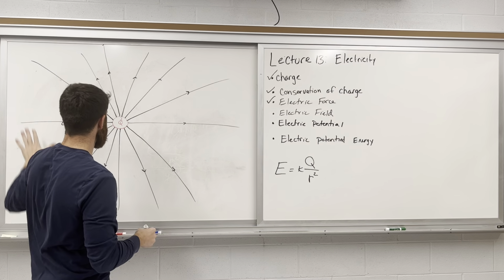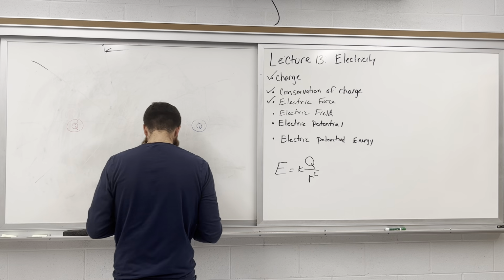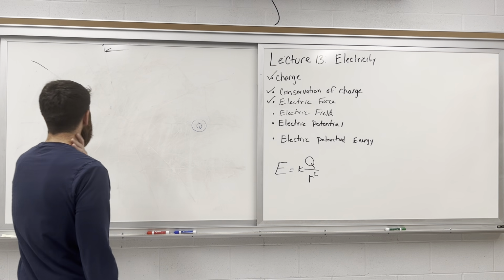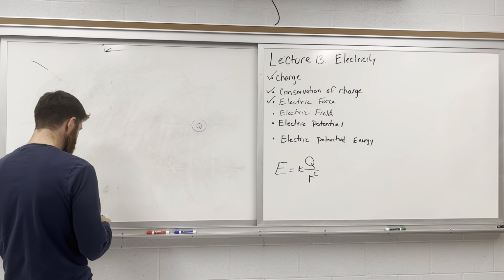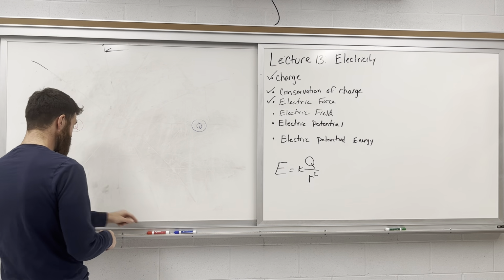Well, what happens if we have multiple charges present at the same time? Let's say we have... Well, if we put a positive charge, say right in the middle, say this is the same amount of charge, just positive or negative.